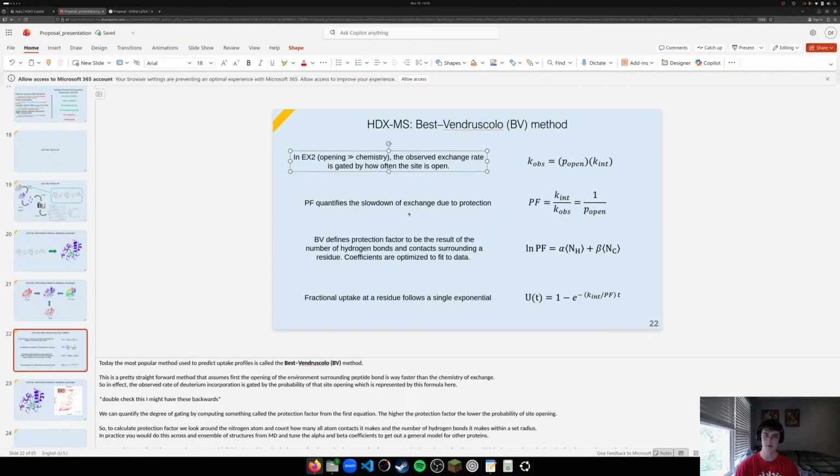No, I think it's opening and closing, actually. The environment's closing is way faster than the chemistry of exchange. So in effect, the observed rate of deuterium incorporation is gated by the probability of that site opening, which is represented by the formula here.